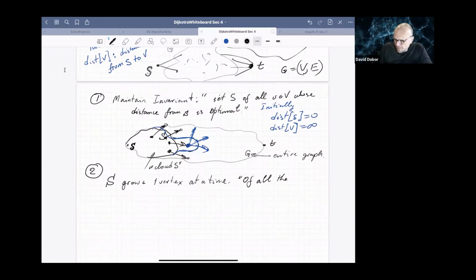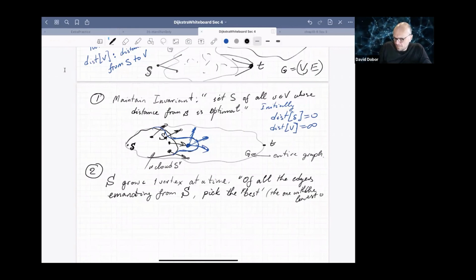Of all the edges emanating from S, pick the one that has the lowest cost. Pick the best, the one with the shortest, the lowest cost. And add this new vertex to S.